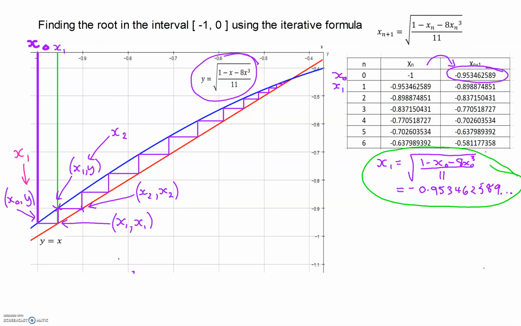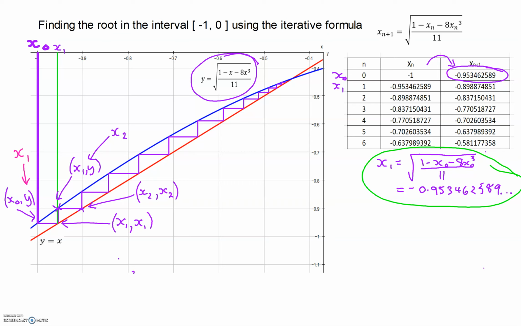So you can see that what's happening here, we don't have a cobweb diagram, we have what we call a staircase diagram. And we're going up in progressive steps that are getting smaller and smaller, and we're getting closer and closer to our root. And we're not oscillating around the root, we're coming to the root from the left-hand side.